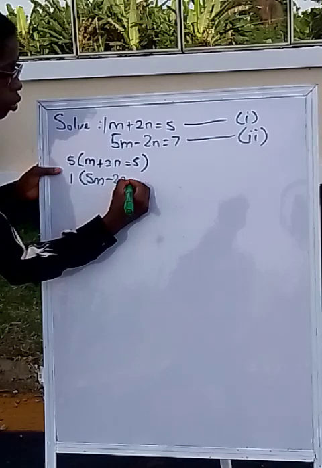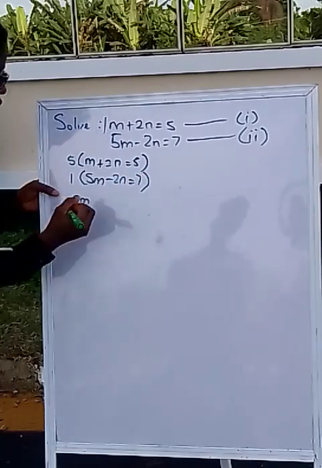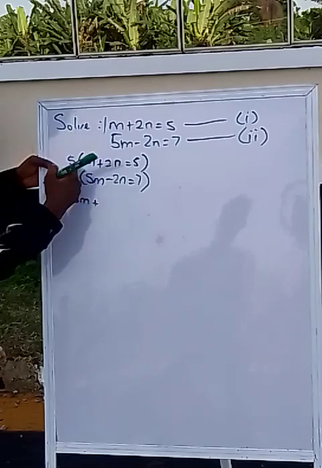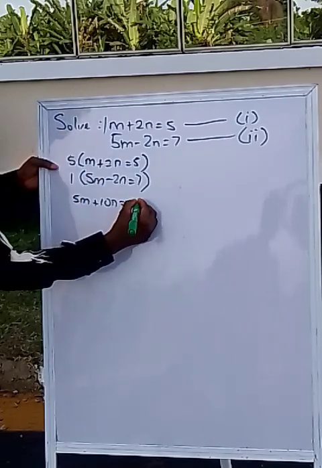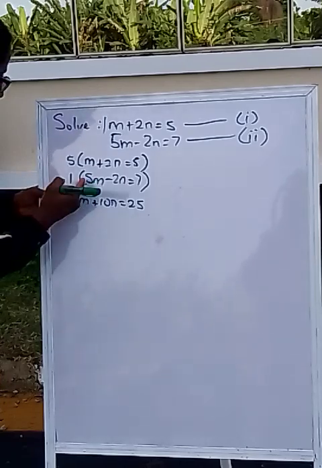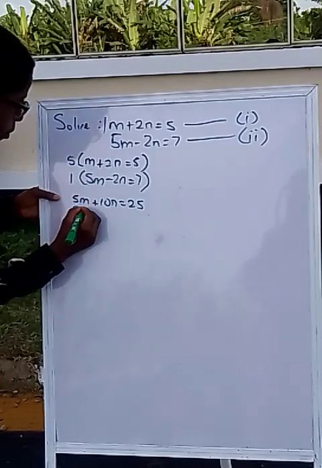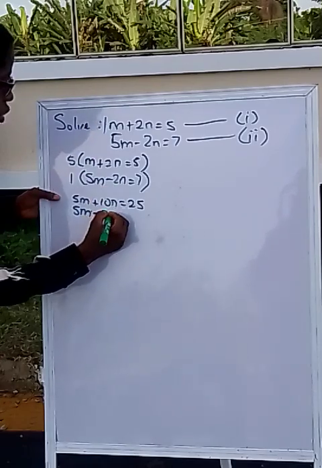So 5 times m is 5m plus 5 times 2n is 10n equals 5 times 5 is 25. So 1 times 5m is 5m minus 1 times 2n is 2n equals 1 times 7 is 7.